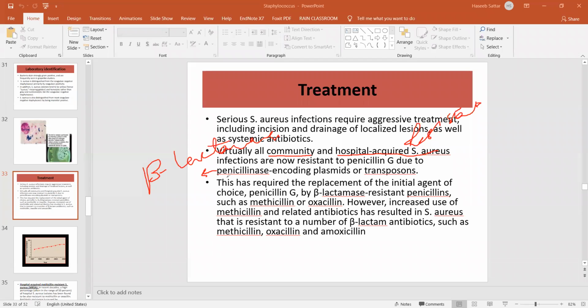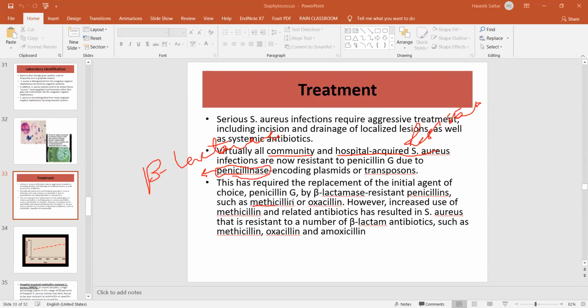Beta lactamase and penicillinase are the same enzyme with different names. This enzyme is responsible for degrading penicillin. So this is the resistance pattern of this bacteria against penicillin. Because they have this enzyme, they degrade the penicillin antibiotic, and that is why they are resistant to penicillin. They are also resistant to methicillin and oxacillin as well.